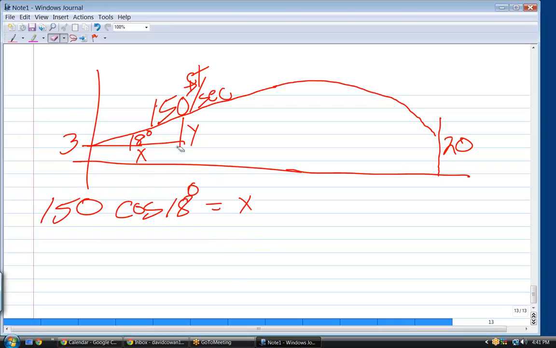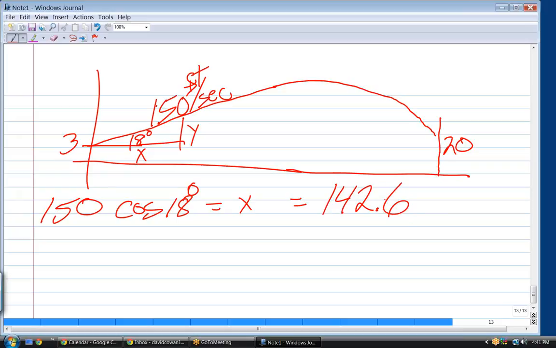So if I want the horizontal component, take the cosine of 18 degrees, multiply it by 150, and I've got what? What's cosine of 18 degrees? That's a positive number, and we're going to multiply it by 150. Okay. So 142.6.